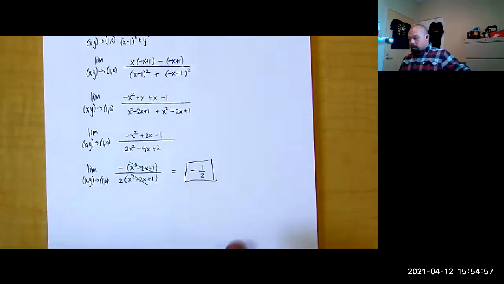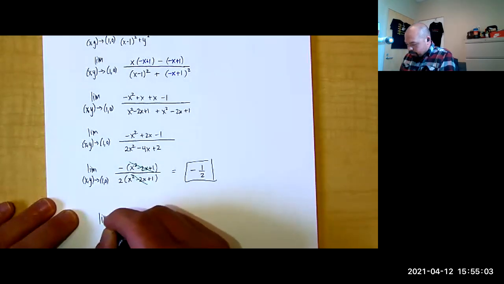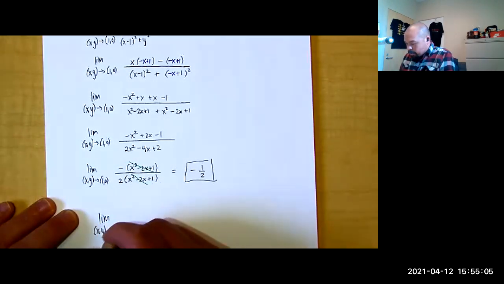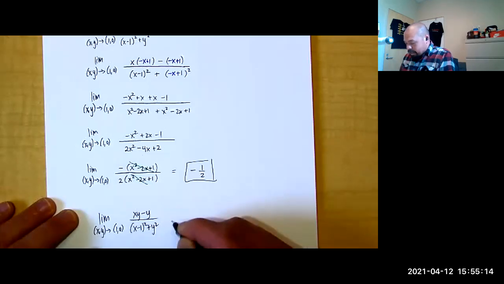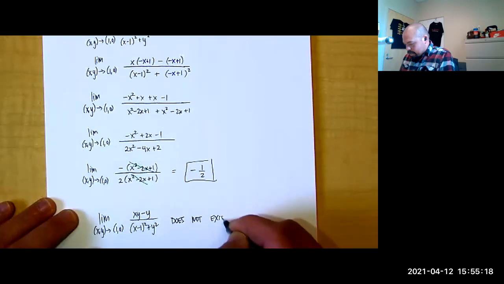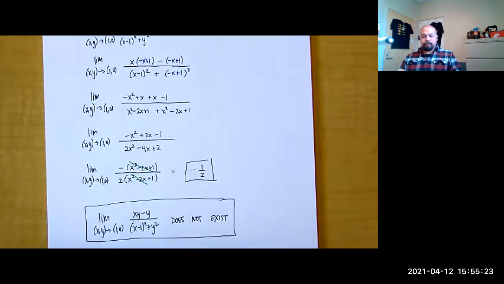Those other two, we got 0. So with just that one counterexample, that one that doesn't work, we can say that the limit as (x, y) approaches (1, 0) of xy minus y over (x minus 1) squared plus y squared does not exist. And again, it's a tedious process when we start these out, trying to figure out all these different pathways.